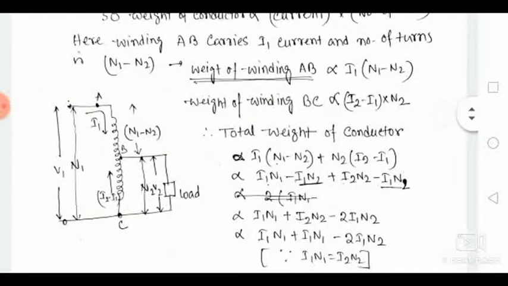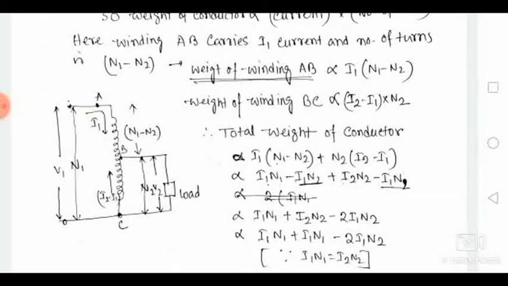Now simplify this. That should be equal to I1 N1 plus I2 N2 minus 2 I1 N2. As you know, in a transformer the primary MMF is equal to the secondary MMF. So here I1 N1 equals I2 N2.